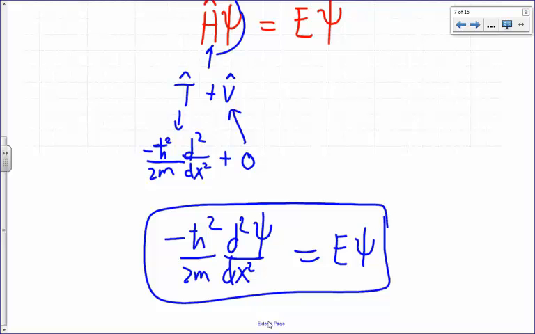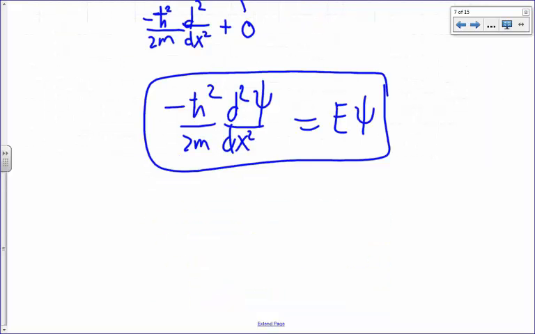And let's rearrange this to something that is a little bit familiar. I'm going to move my m and my h bar squared to the right. So what do I have?